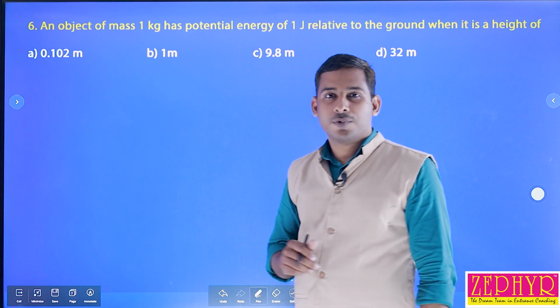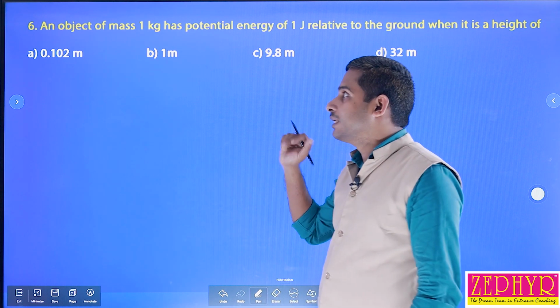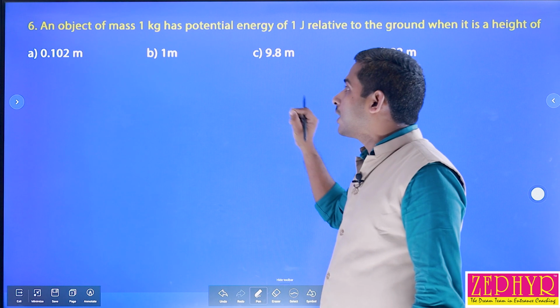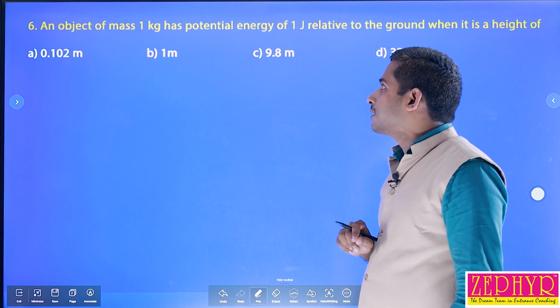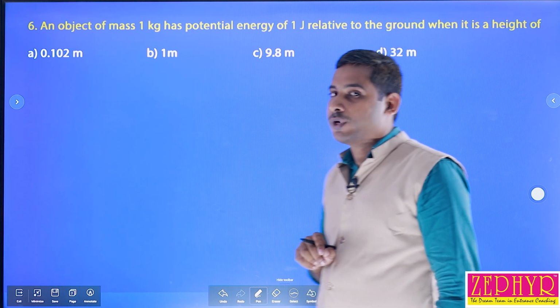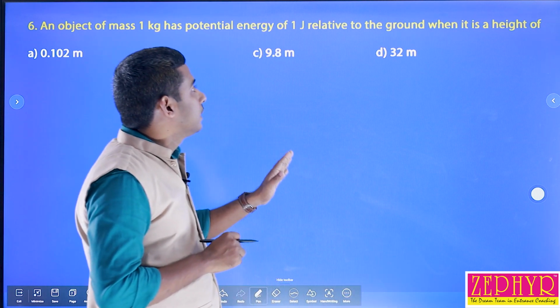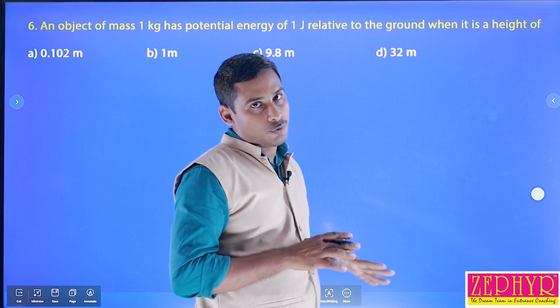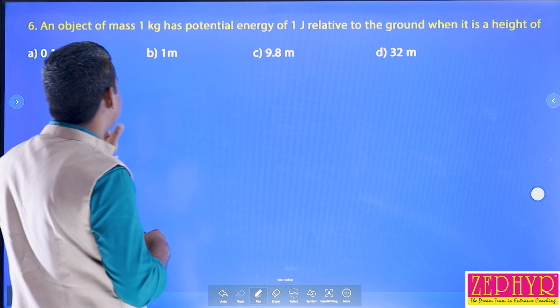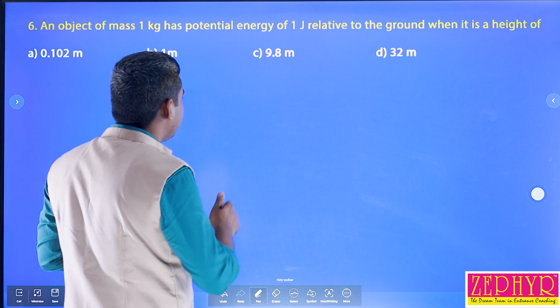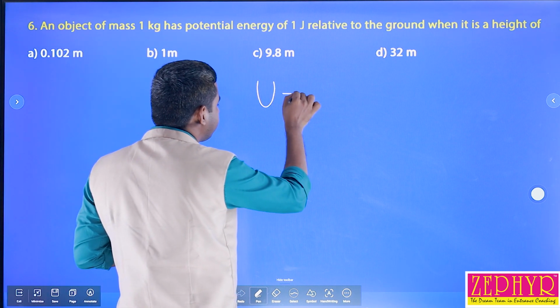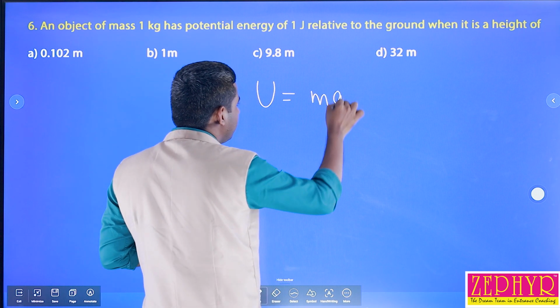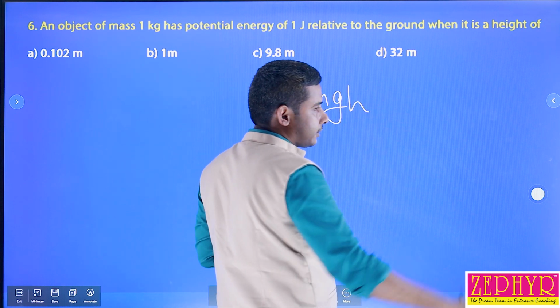So, students, we are moving to the next question. Listen, an object of mass 1 kilogram has potential energy of 1 joule relative to the ground when it is at a height of. So, we have 4 different options. So, listen, potential energy we can represent by the letter U equal to mgh.